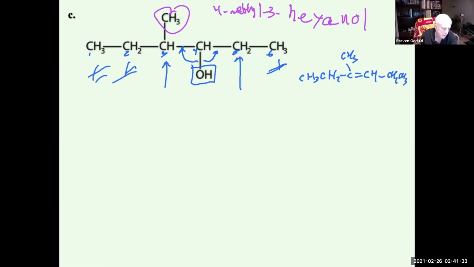That's swinging the double bond in this direction to the left. Let's swing it the other way. CH3, CH2, CH, CH3, CH, double bond, CH2, no, I'm sorry, CH.